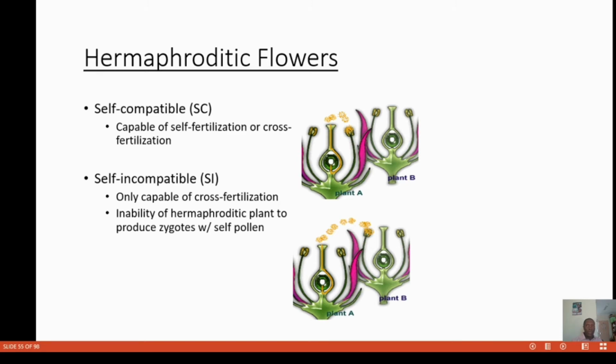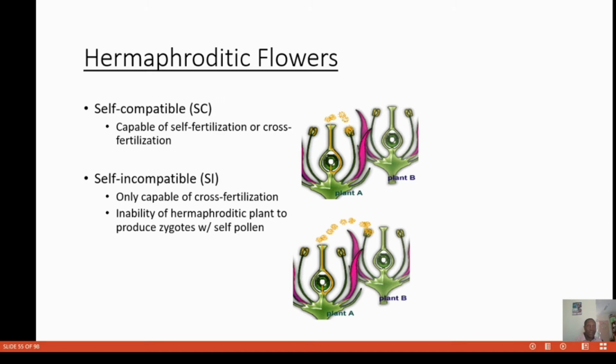Now, when we talk about hermaphroditic flowers, you will excuse my pronunciation and biting of the tongue. These are what are known as bisexual flowers. Bisexual flowers, hermaphroditic. And here they can be described as being fairly faithful to themselves.